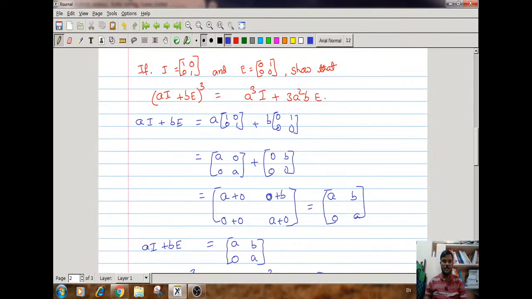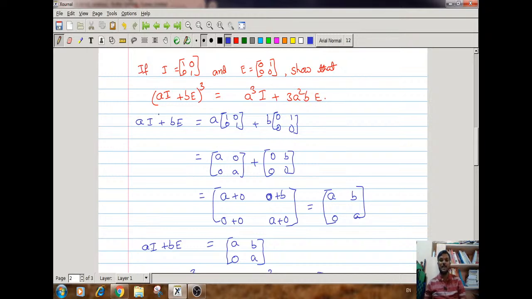If I is equal to [1 0; 0 1] and E is equal to [0 1; 0 0], so that (A·I + B·E)³ is equal to A³·I + 3A²B·E.